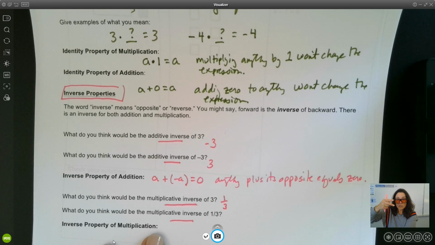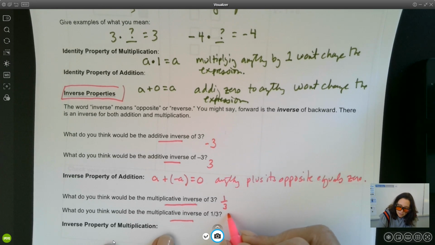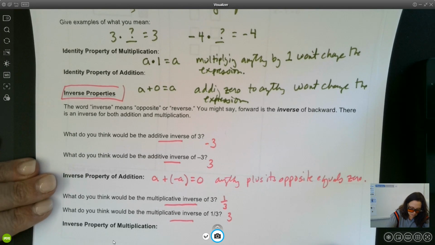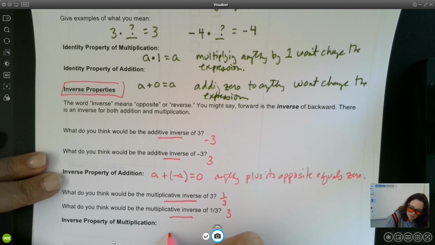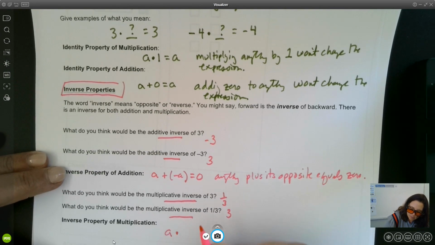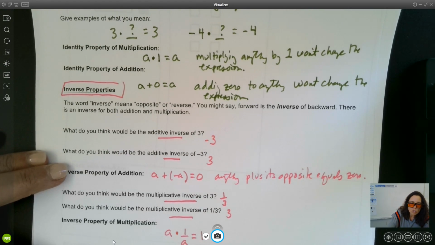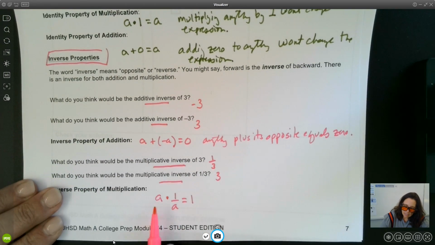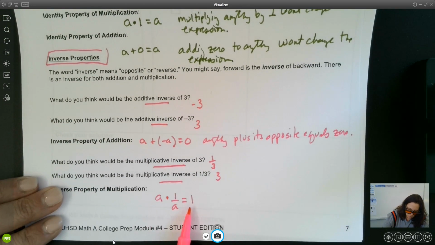Take the reciprocal of 1/3, which is 3. Okay, now the inverse property of multiplication states anything times its reciprocal is equal to 1.